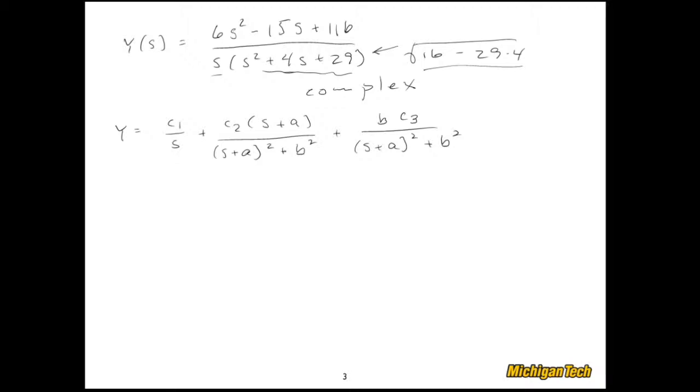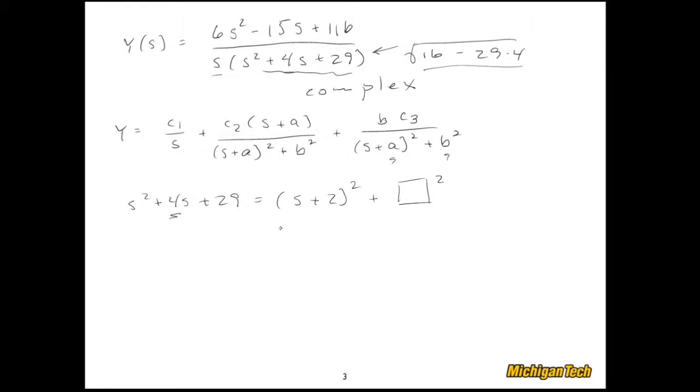Now, what I need to do to round this out is to figure out what a and b are from this complex number. So I need to put s squared plus 4s plus 29 into completed square form. My a is just 1/2 of that coefficient, so I get that, and then I just have to figure out what this thing is, and it's squared, and that'll give me b.